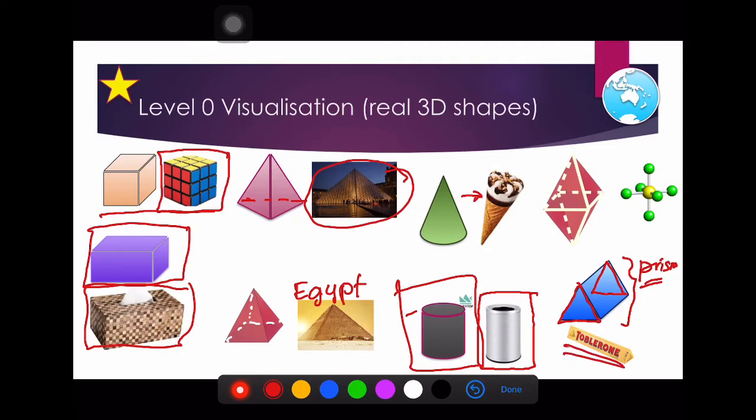Now this is something new to the students as well, where a square base pyramid is put on top of another. So this is one and this is the other one. We call this a square based bipyramid. And we can find this kind of structure or shape in molecular chemistry.